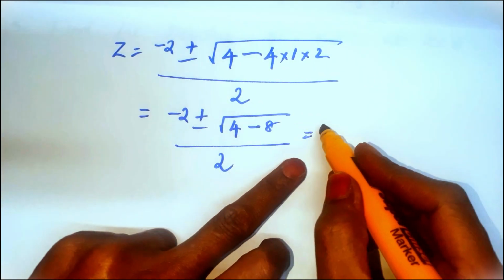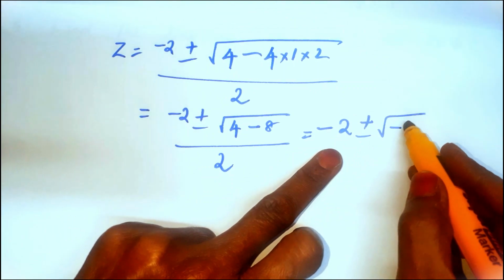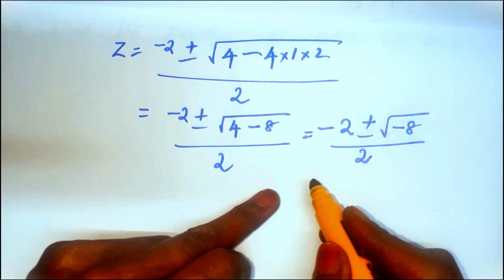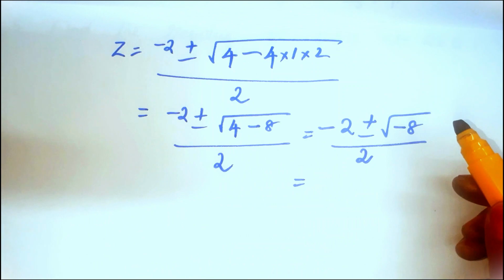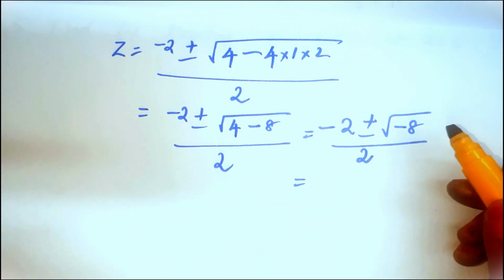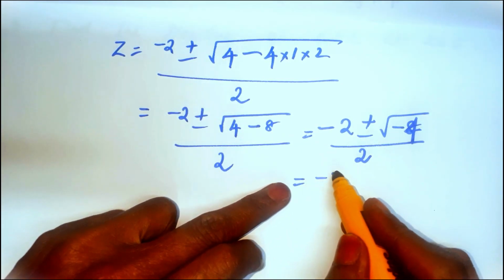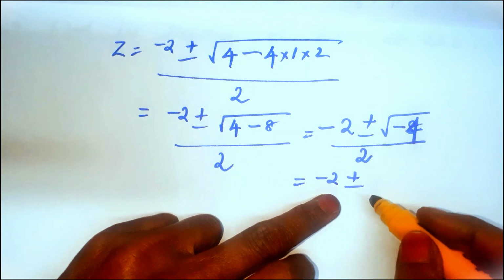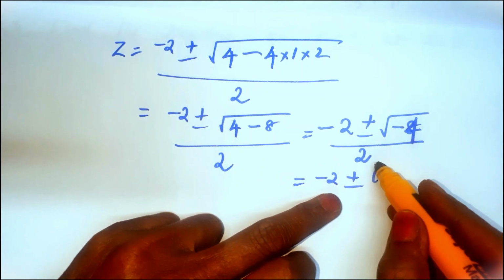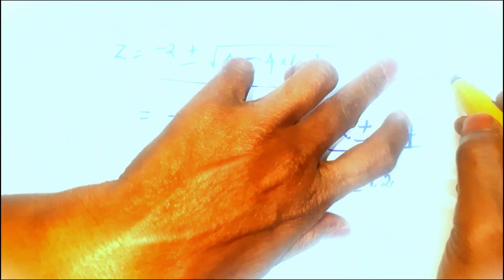So which is equal to minus 2 plus or minus root of, sorry, it is not 8. 4 minus 8 we have. No, it is minus 4. So minus 2 plus or minus, this minus 4 can be taken out as i into 2. Right? Already I told you i squared is equal to minus 1.